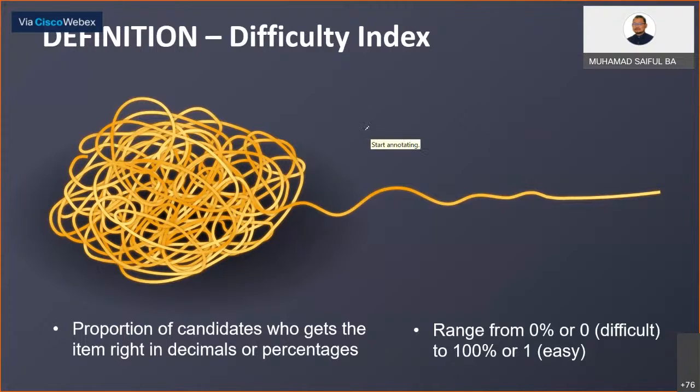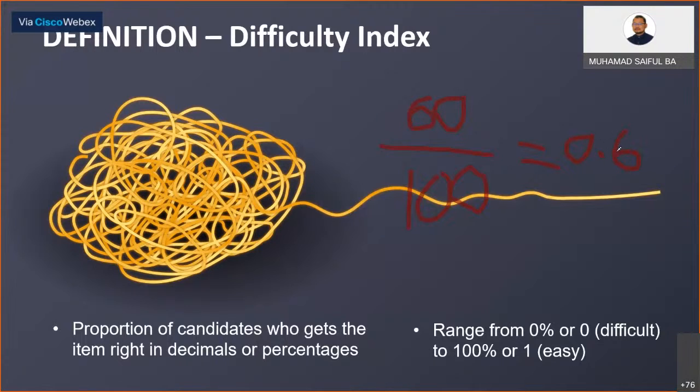Difficulty index is something very easy. How many students get the answer correct? So for example, let's say you have 100 students who attempt, and 60 of the students get the answer correct. It means this is the proportion, 0.6.